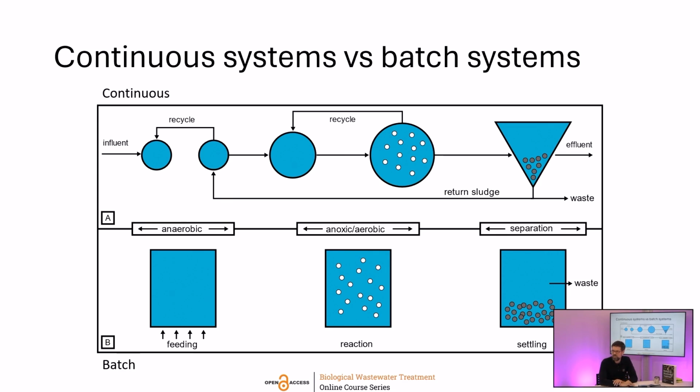So if you see in the PowerPoint, we start with an anaerobic feeding phase, then we switch to a reaction phase where we have aerobic and anoxic conditions, and then we end with a short settling phase. That all happens in the same reactor at the same place basically, but the processes are similar. So that's the main difference between a batch process and a continuous process.